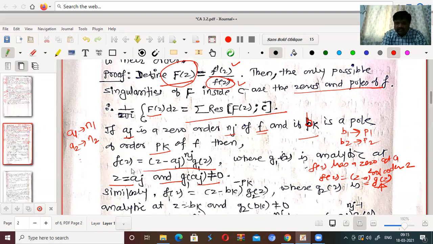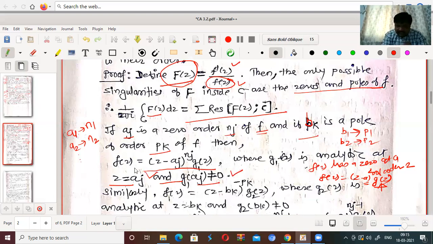Since f of z has zeros at aj of order nj respectively, therefore f of z can be expressed as (z minus aj) to the power nj into g1 of z, where g1 of z is analytic at each z equal to aj and g1 at aj is not equal to 0.